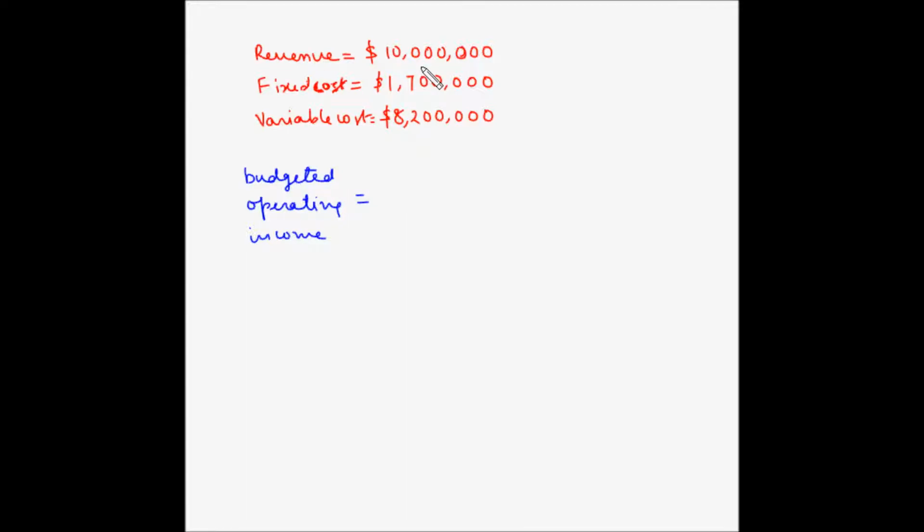Revenue is the unit selling price, that is the selling price of individual units multiplied by the number of units sold. So we'll take the selling price as the revenue. So revenue minus the total cost, which is fixed cost plus the variable cost. So fixed cost plus variable cost.